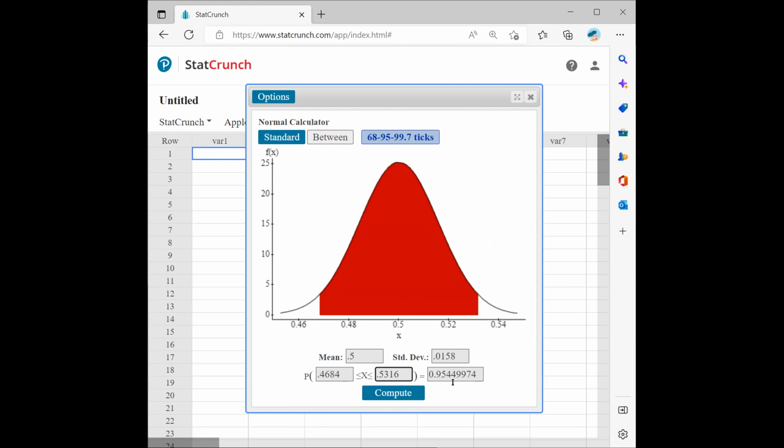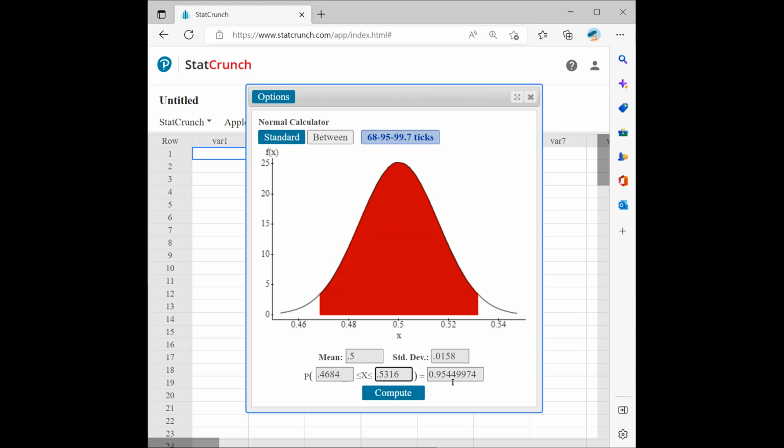Let's just go back, right? So the idea is you're doing a survey. Your survey has 1,000 people in it. You're asking them if they're going to vote Republican or not. You get your outcome from your survey, and the question is, what is the probability that your survey result is between 46.84% and 53.16%?